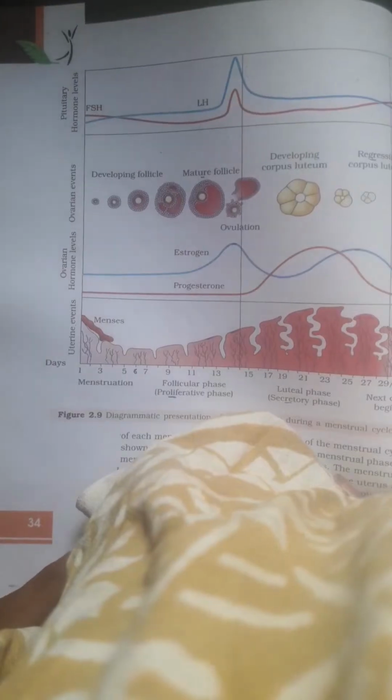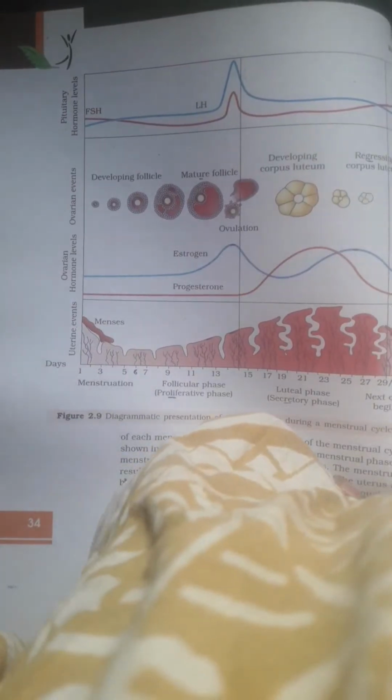So this was the menstrual cycle. Some things were left behind from this diagram. On this y-axis, you see the days, the uterine events, ovarian hormone levels, ovarian events, and then the pituitary hormone levels.